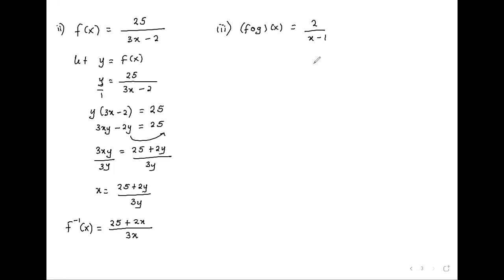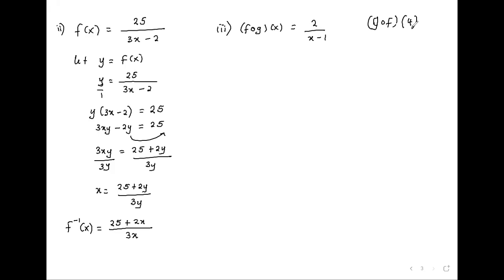So f of g is equal to 2 over x minus 1. I think in test 1, there was a question, something like g of f of some number, I think 4. The question was very easy.